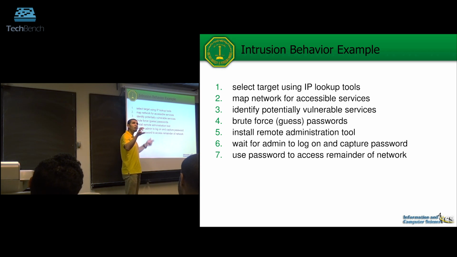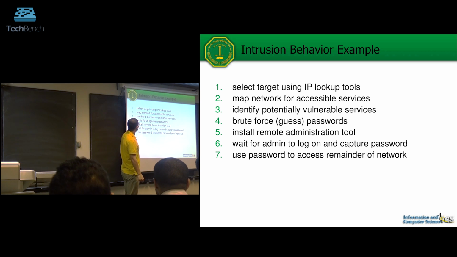You can find out which services are running in a certain host, and this is basically done by port scan, right? So if this is among the behaviors that you can observe in the network, you can see that there is port scanning. You can see that there is IP scanning. These are indicators of an intrusion.